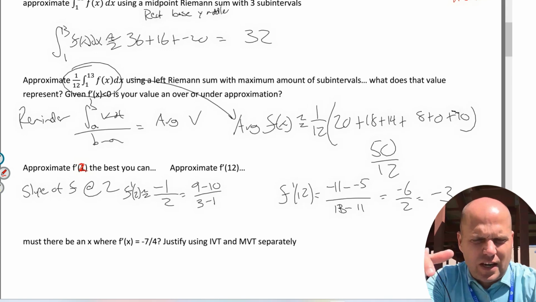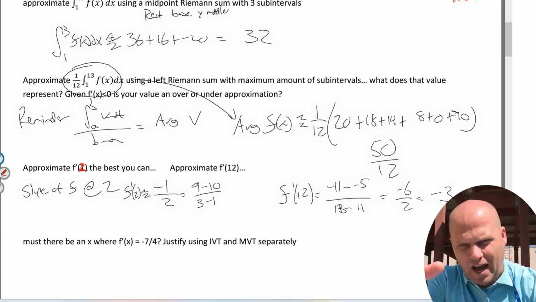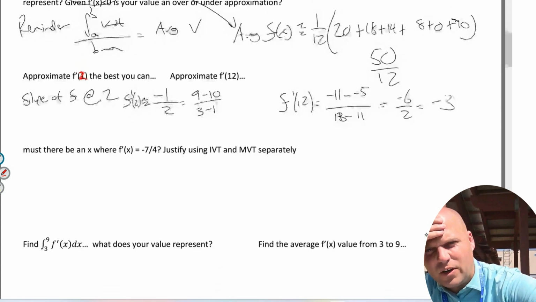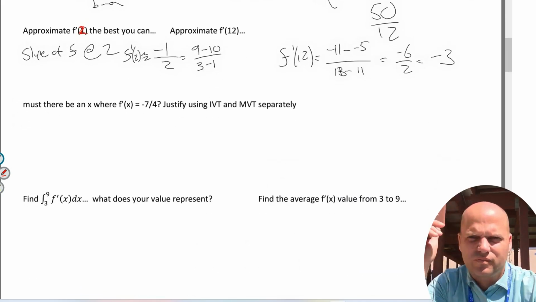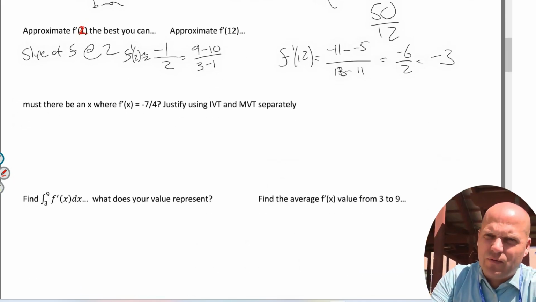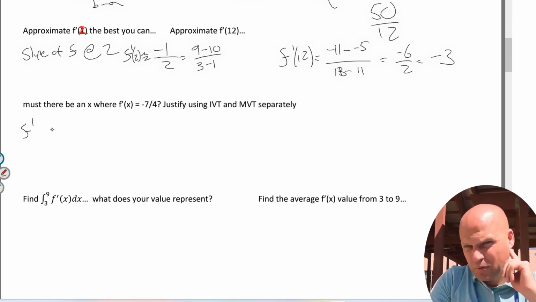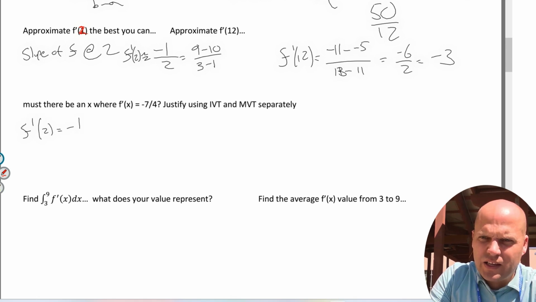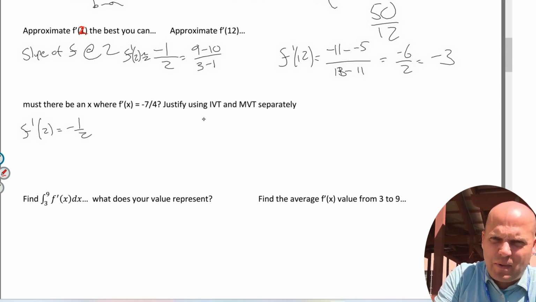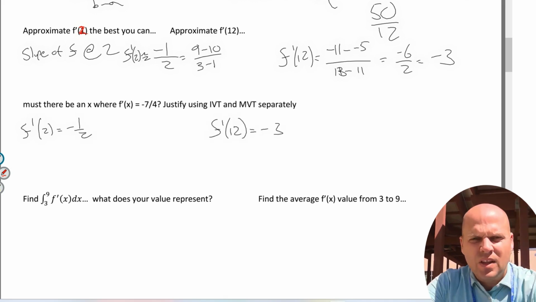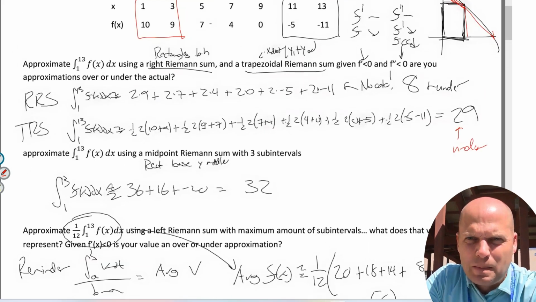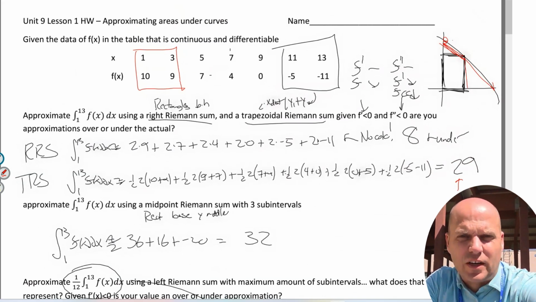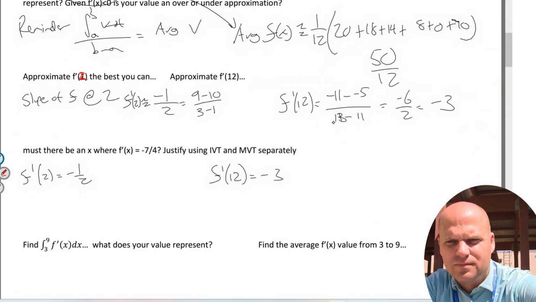Must there be a derivative that equals -7/4? Justify using IVT and MVT. All right. Well, here's the thing. If my slope starts at -1/2, and my slope gets to -3, I can see that my function is continuous and differentiable, which means it has slopes everywhere.